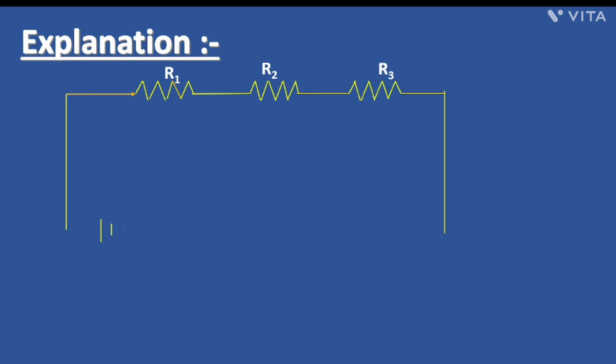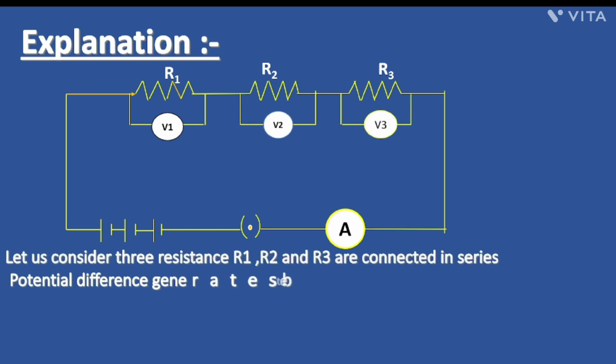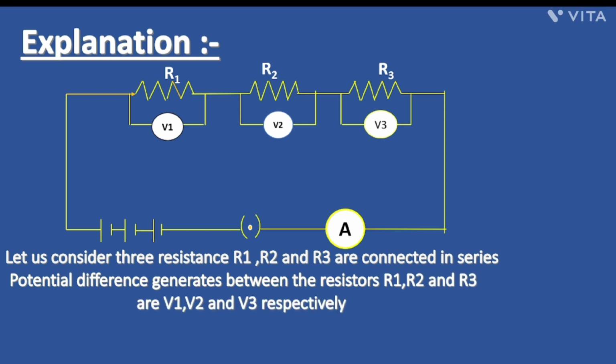If we have three resistors R1, R2 and R3 connected using a battery, an ammeter and a key, and the potential differences across the resistors are V1, V2 and V3 respectively, then the total potential difference across the three resistors must be V equals V1 plus V2 plus V3. We keep this as equation 1.